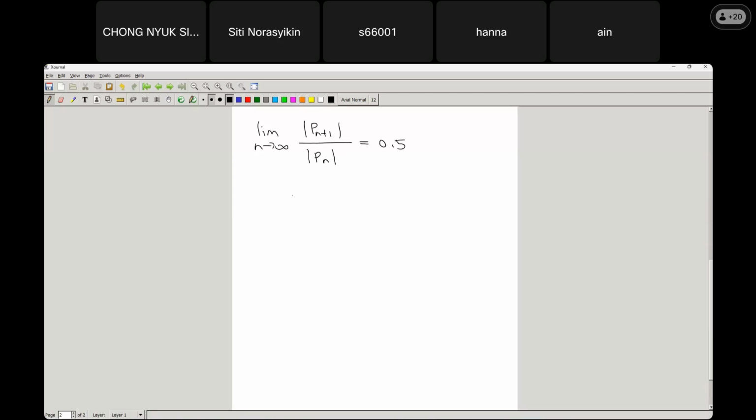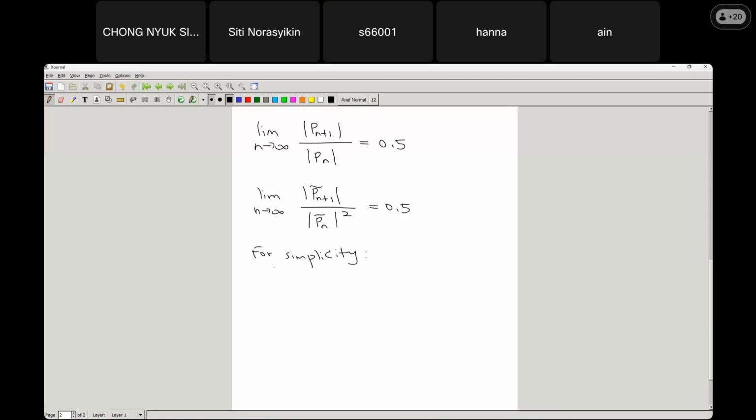The second information is referring to the quadratic convergence, so we have the limit as n approaches infinity of Pn+1 tilde over Pn tilde squared. This is equivalent to 0.5. Now for simplicity, we do not consider the limit first.